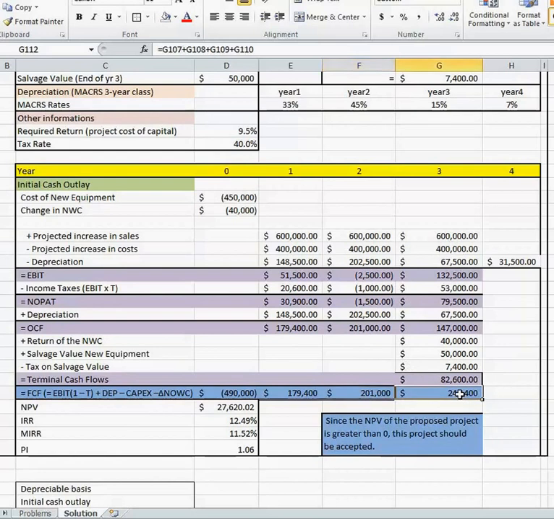The only difference is the final year, where we add the operating cash flow plus the terminal cash flow, and that's going to be our final year, or third year, free cash flow.